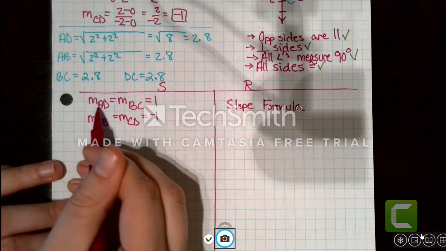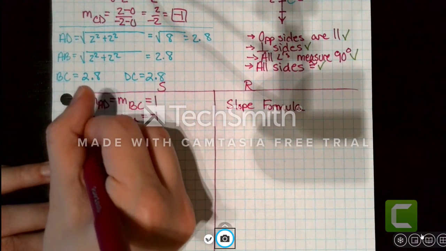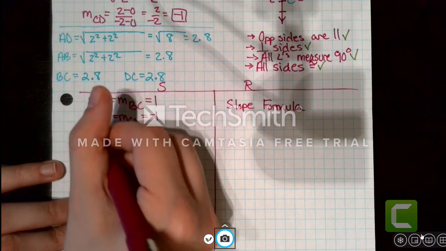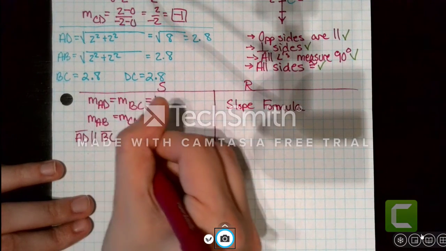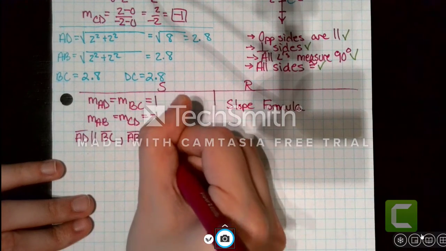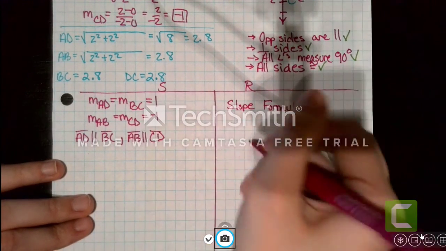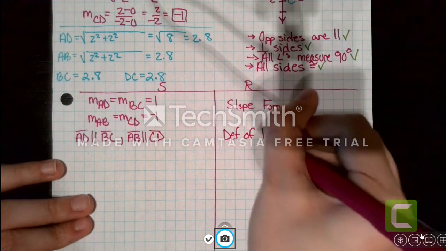And since we have two different sides with the same slope, that means that AD is parallel to side BC, and that side AB is parallel to side CD by the definition of parallel lines.